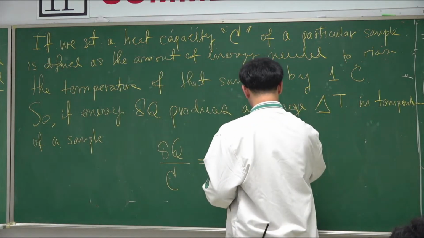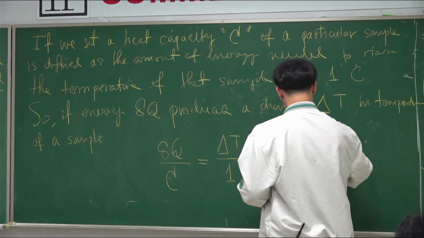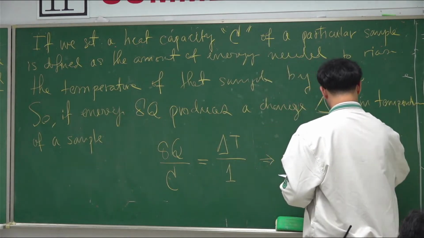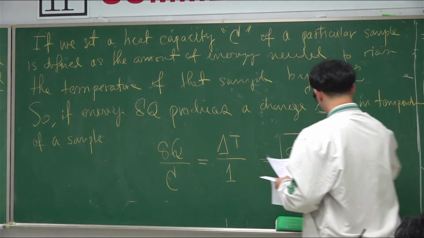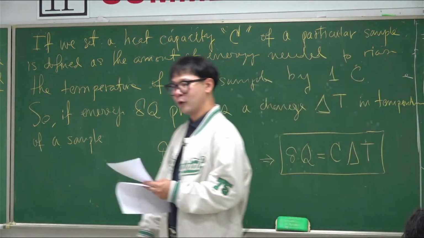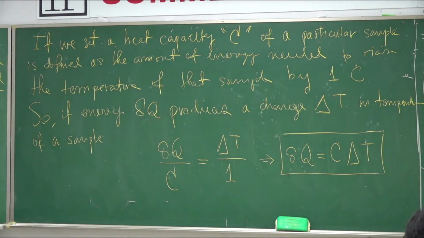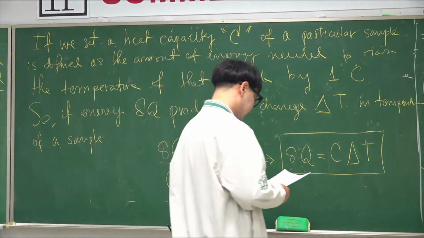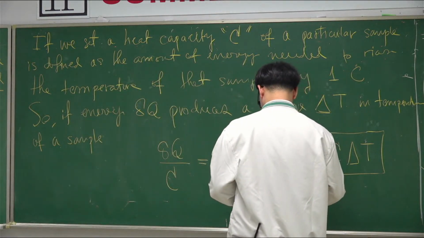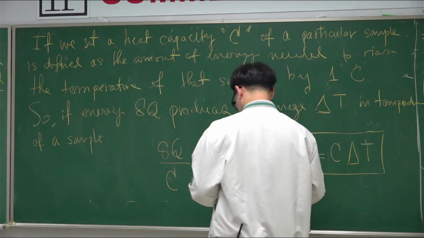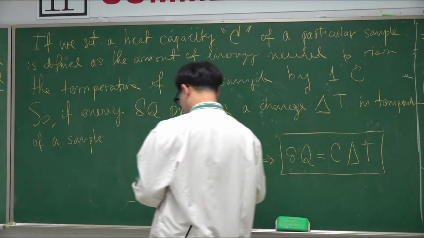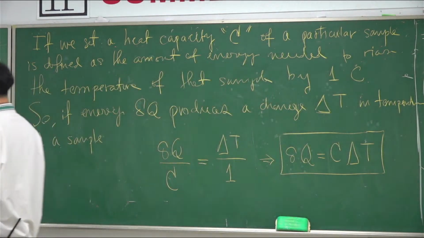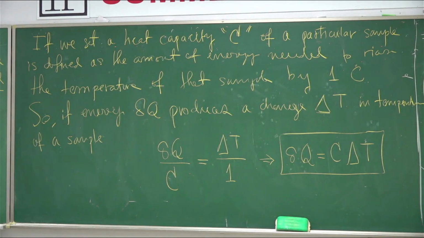So then what you have is that Q equals C delta T, which I believe that you encounter with this formula from your high school level, right? Okay.